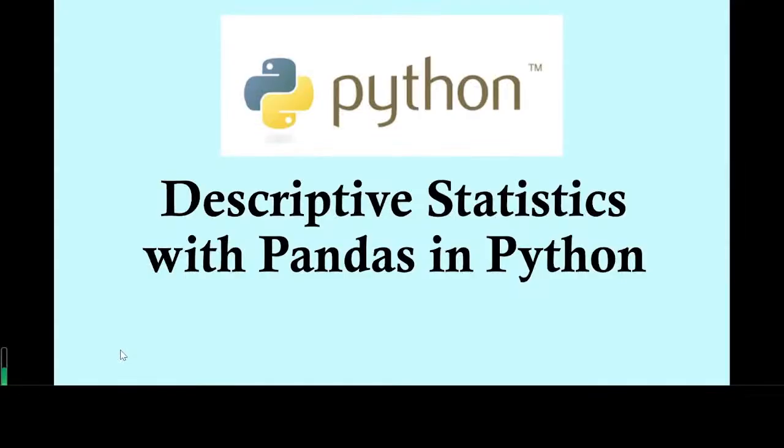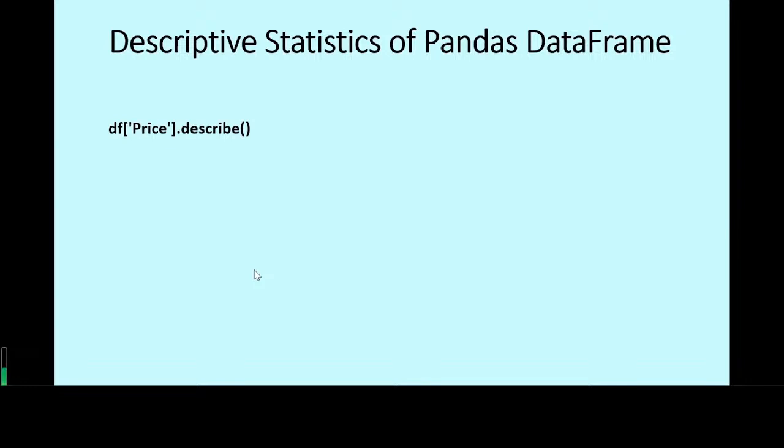In this video, we will show how to calculate descriptive statistics with pandas in Python. The pandas data frame is the most widely used data structure in Python for statistics.